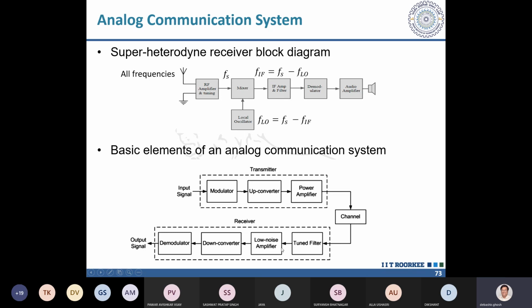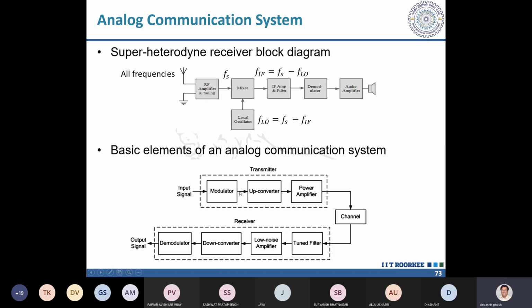Then you amplify the power and send it through the channel. At the receiver you have the tuning filter, then an amplifier, because the signal picked up by the antenna from the air will be very small in power, so you have to boost it up. Then you do the down conversion stage, FS to FIF.